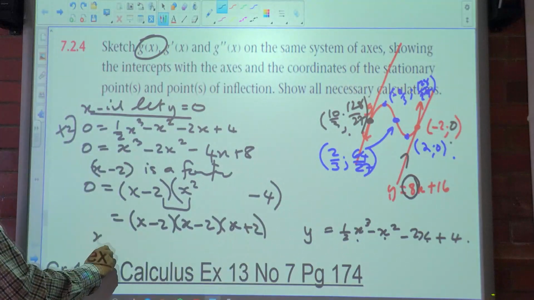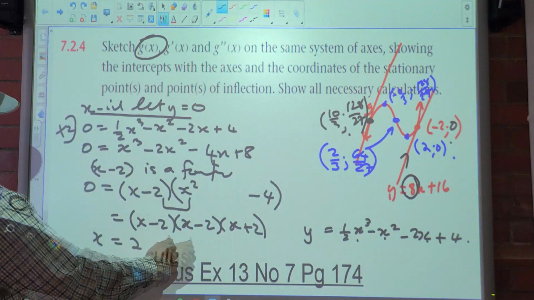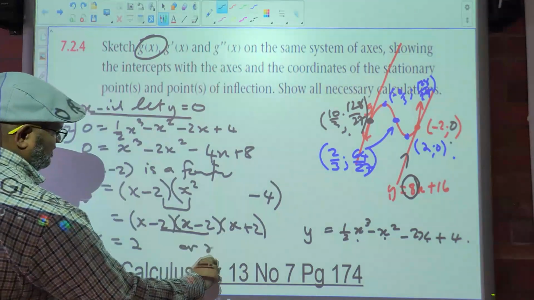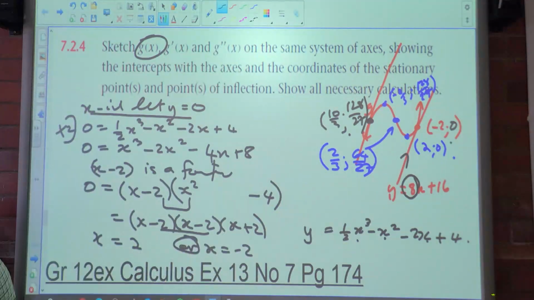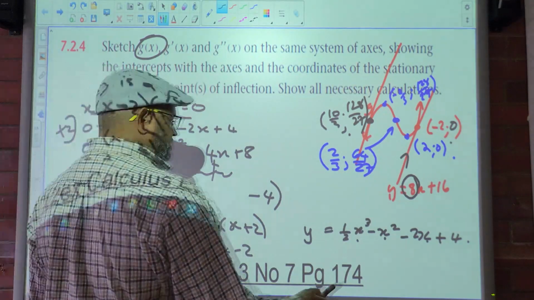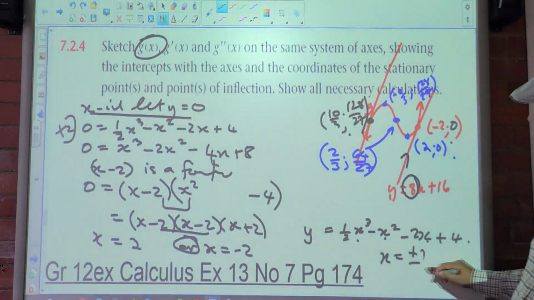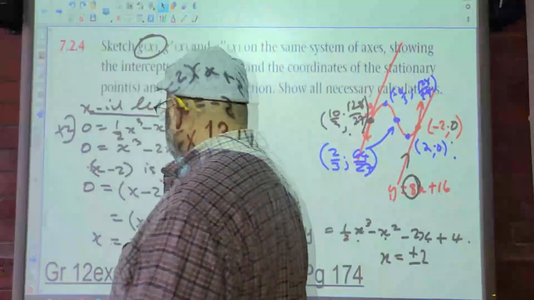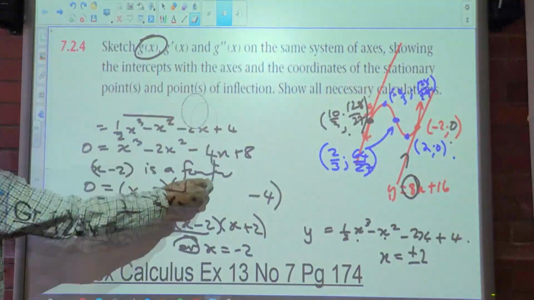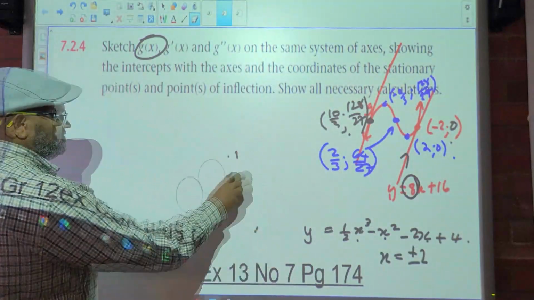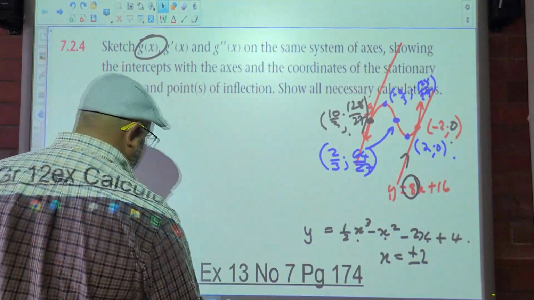What are my factors? x equals 2, which is a double solution, or x equals negative 2. The y-intercept is 4. This is definitely enough information to draw the graph now.